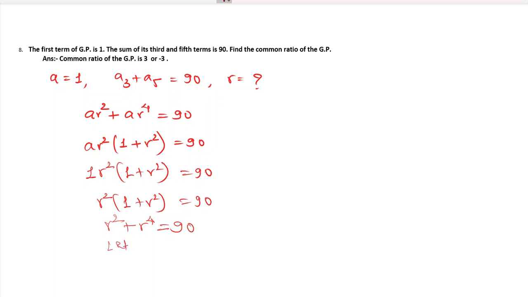Now let R square be equal to X. So X plus X square is equal to 90. See, we will simplify this. So X square plus X minus 90 is equal to 0. Now this minus 90 will be split into two parts, such that the product of these two numbers will give you minus 90, and the sum or difference of these two factors of minus 90 will give you plus 1.